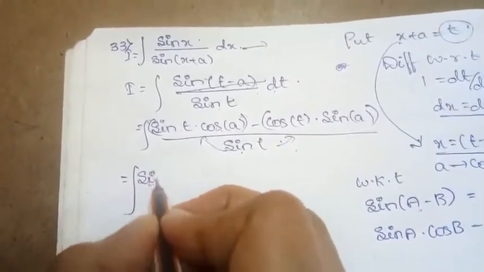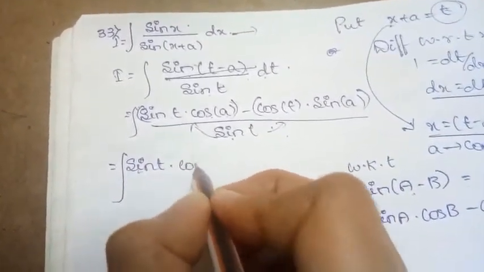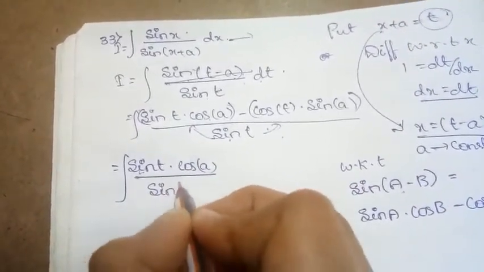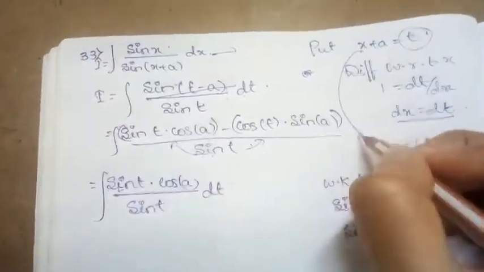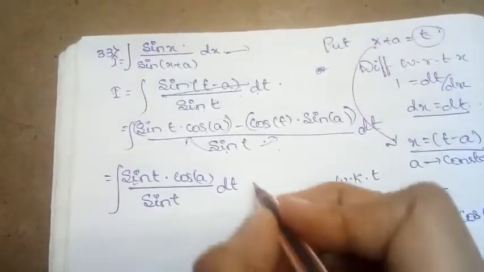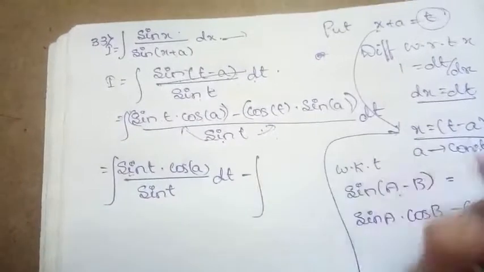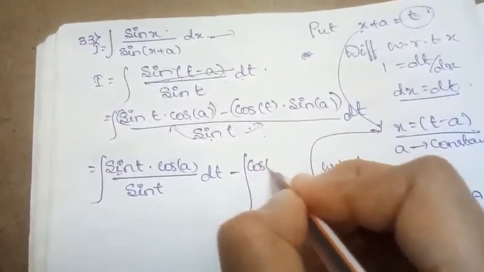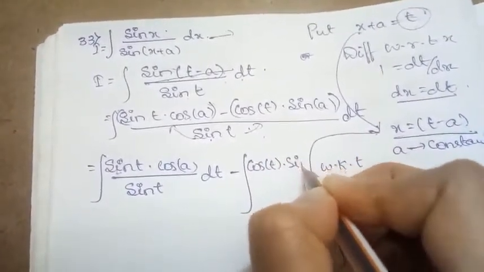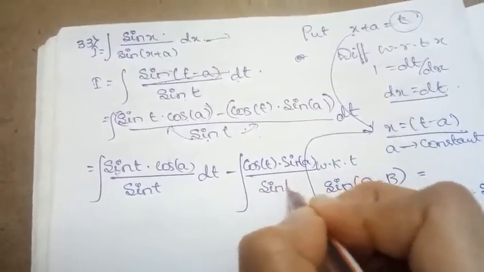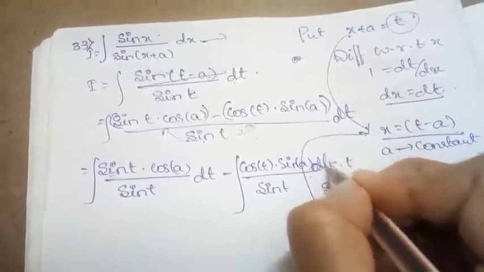So sin t into cos a divided by sin t dt. Here you should write dt. If you don't write it in any step, it is going to be negative marks for you. And cos t into sin a divided by sin t dt.